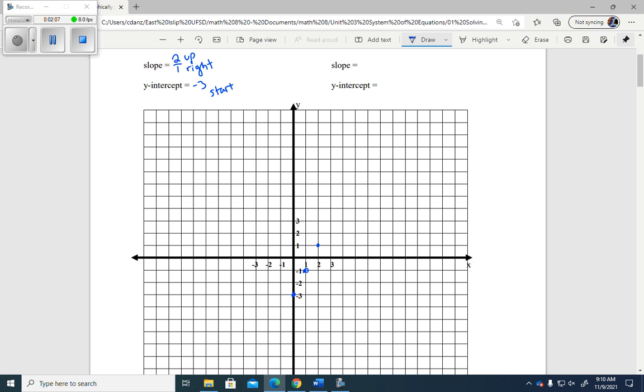Please go to the edges of the graph. You shouldn't be copying me plotting points. You should start at the y-intercept and then count yourself up 2, right 1. Of course, go in the other direction as well.